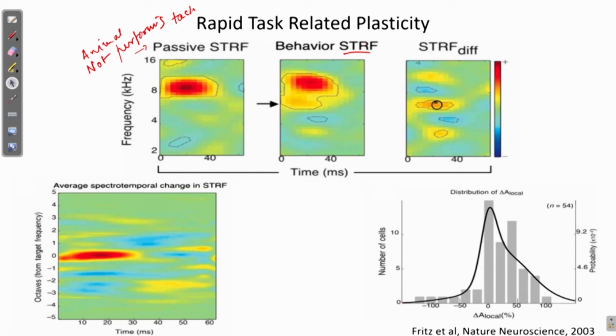Let us take this example here. There is an excitation region near 8 kilohertz, which is the best frequency, or the tuning frequency, of the neuron being recorded from. This STRF weighs energy in the sound in the past 40 milliseconds, as described here, and has a tuning around the 8 kilohertz region.